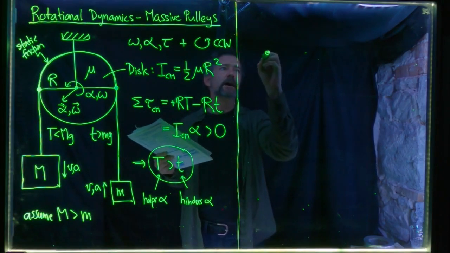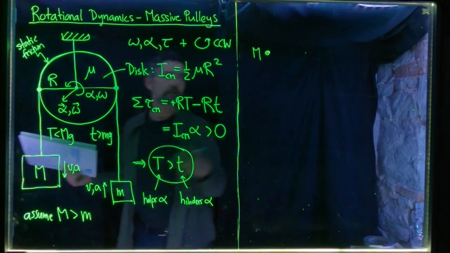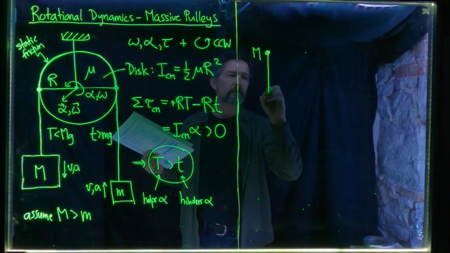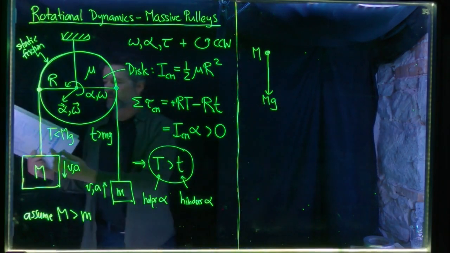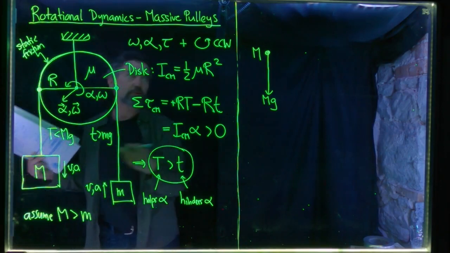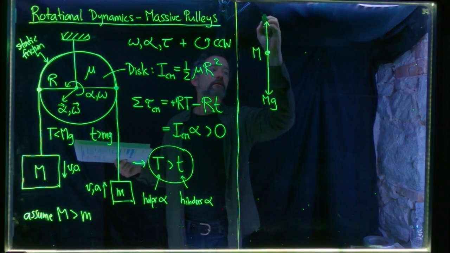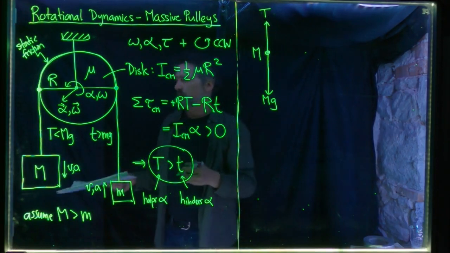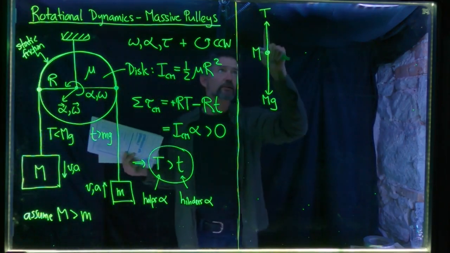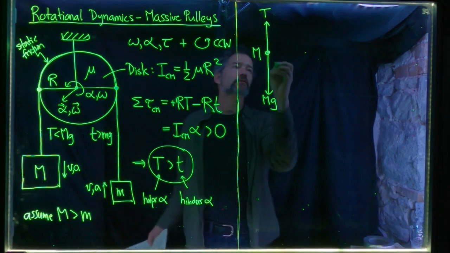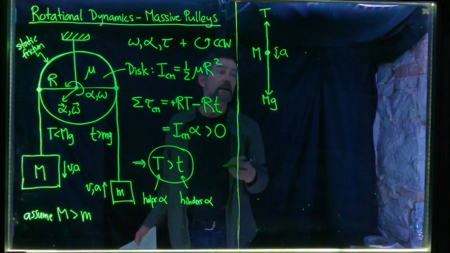So we just have a mass, big M, and the forces acting on it are gravity. There's a field force pulling down of magnitude, say, big Mg. And there's a rope attached to the top. There's a contact force pulling upwards with a magnitude T, capital T. And we know that because the acceleration is downwards, the downwards force of gravity is larger than the upwards force from the tension in the rope, and that's causing a linear acceleration, A, downwards.